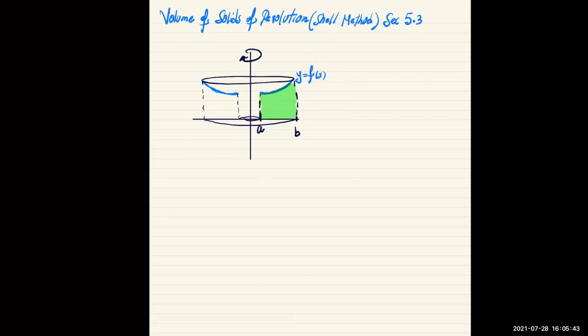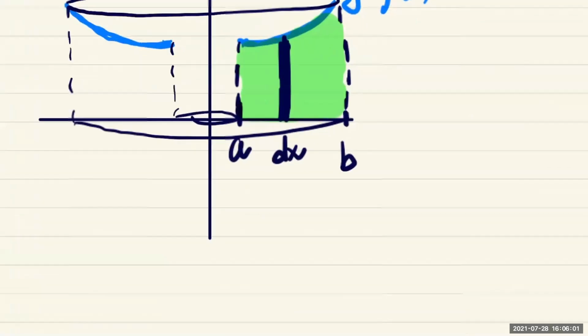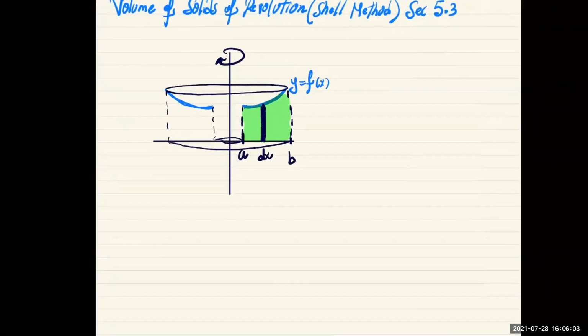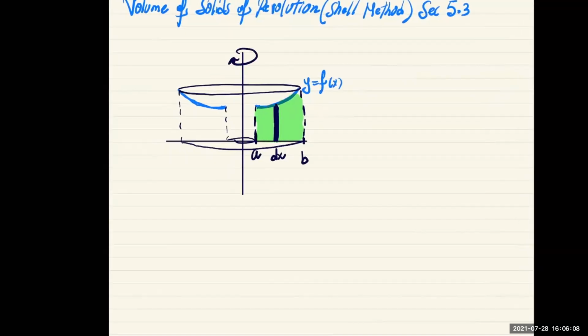So what I will do is I take a vertical strip. Here is that vertical strip. Why is a vertical strip good? Because the thickness of that strip is dx, isn't it? As the region goes around, imagine this vertical strip goes around, it definitely doesn't create a washer.